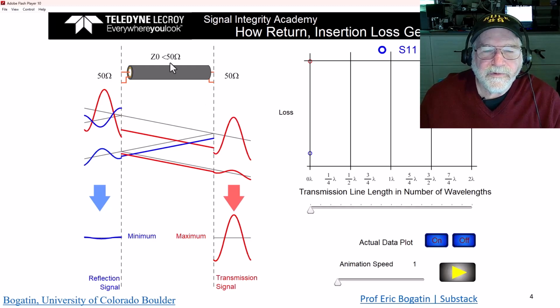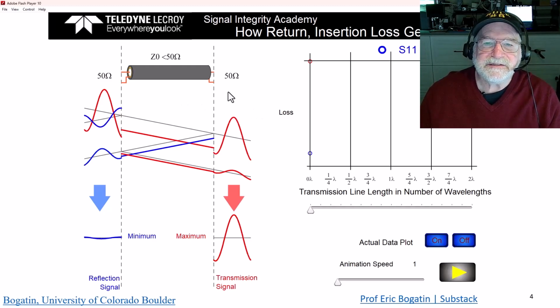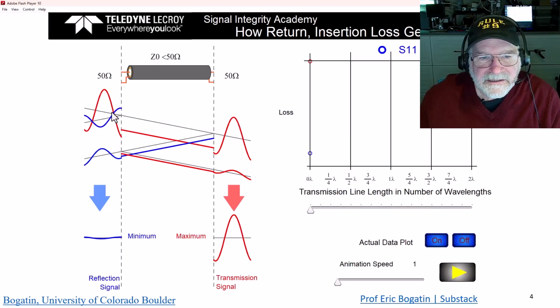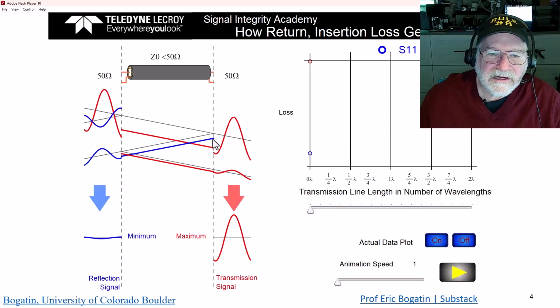We go from low impedance to high impedance. There's no phase change because the reflection coefficient is the second impedance, that's 50 ohms, minus, call it 30 ohms, divided by their sum. It's a positive amount. And so when this wave hits the back end and then reflects and heads back, there's no phase change.